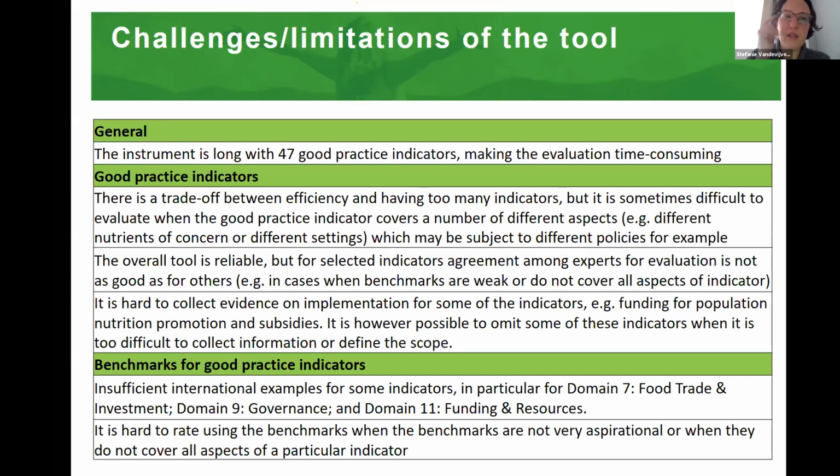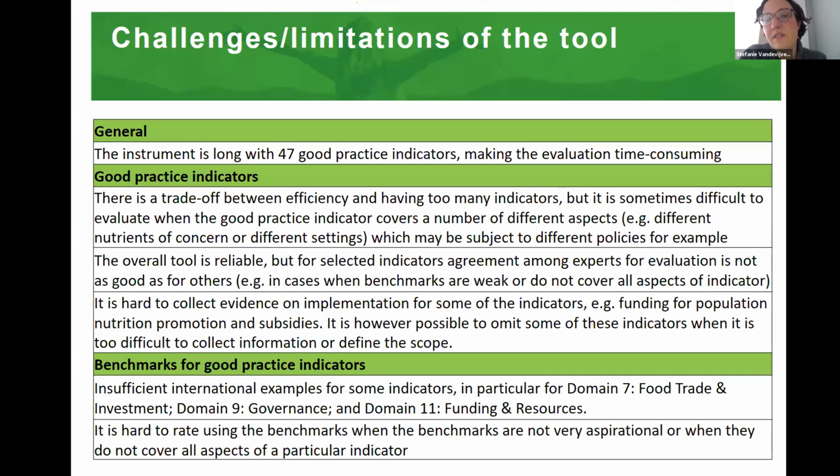But there are also some limitations because we do know that the tool is quite long with 47 indicators, which does make the evaluation a bit time-consuming. But even though the tool is long, some experts also feel that for some indicators, when the indicator covers several different aspects within it, like looking at different nutrients of concern or different settings in one indicator, it can be difficult to do the evaluation.